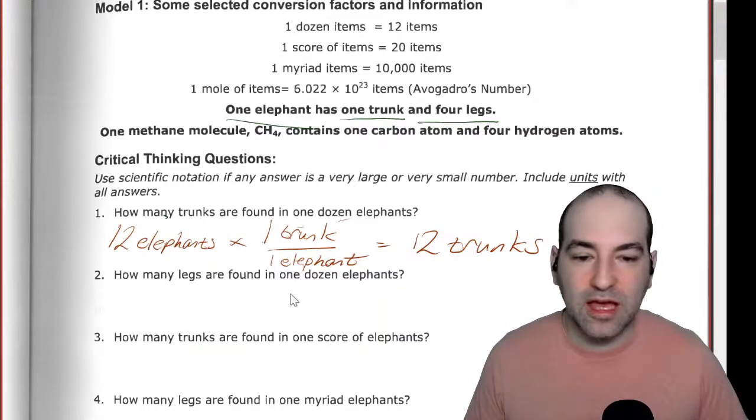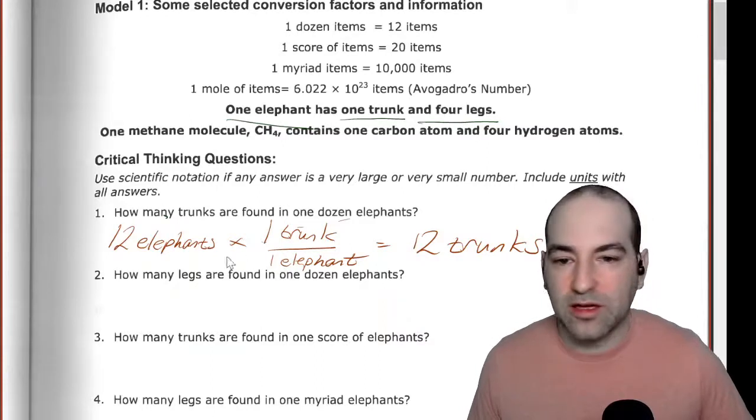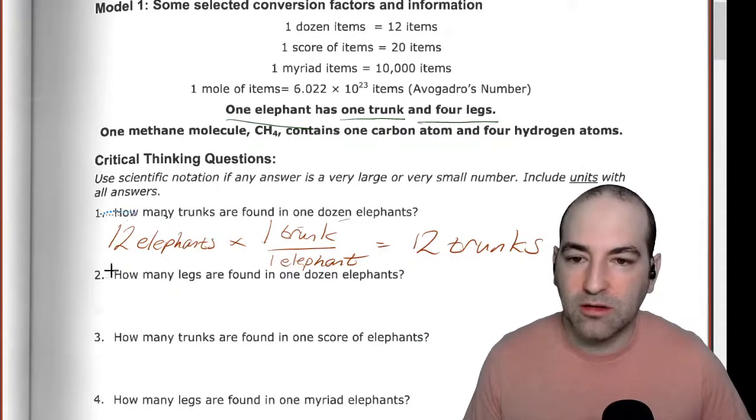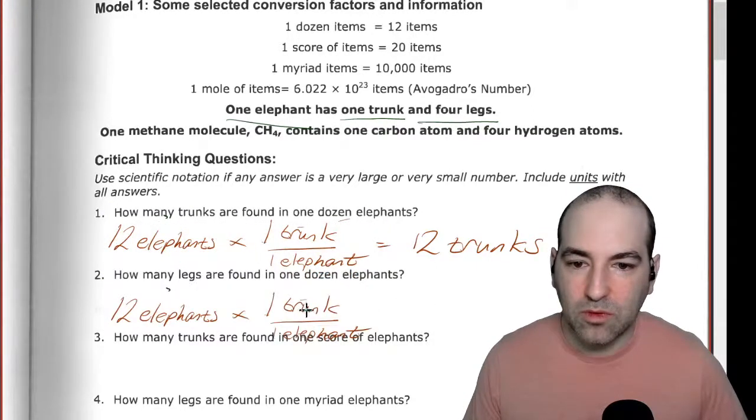So then if we look at the legs in the elephants, what's changed? We still have a dozen elephants, but now each elephant has 4 legs, so we're going to multiply that by 4. So we can actually take a similar calculation, copy and paste it, and move it down here.